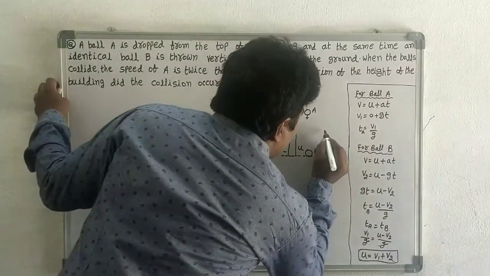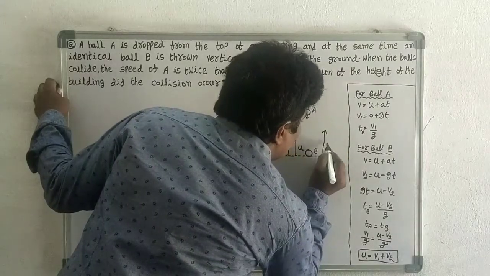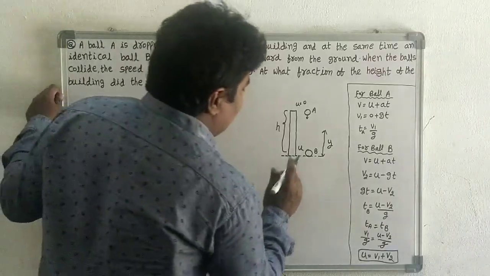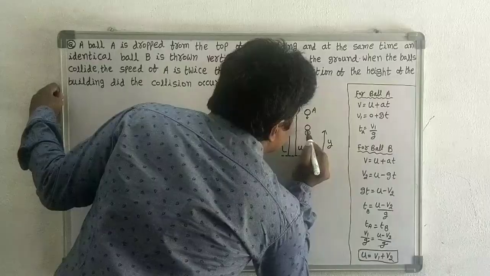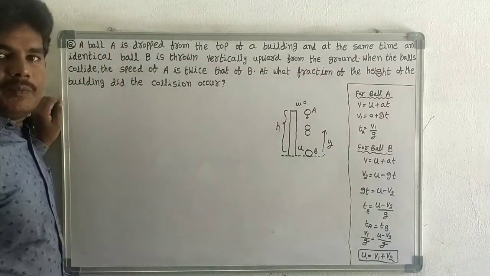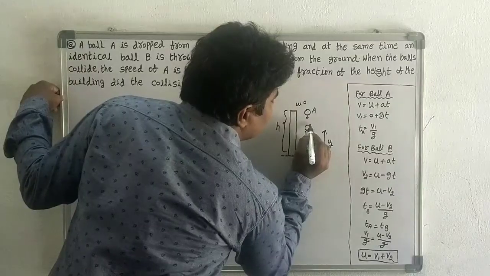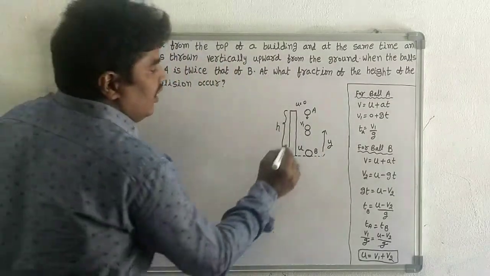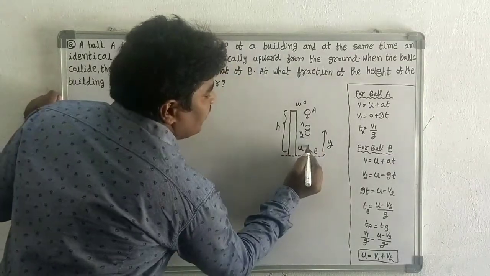Let at a certain height y, these two balls collide with one another. At the time of collision, let the velocity of ball A be v1 and the velocity of ball B be v2.